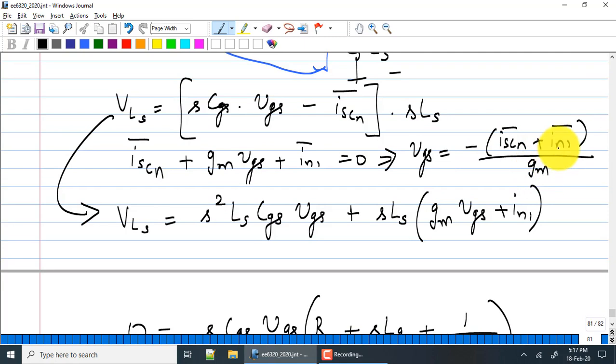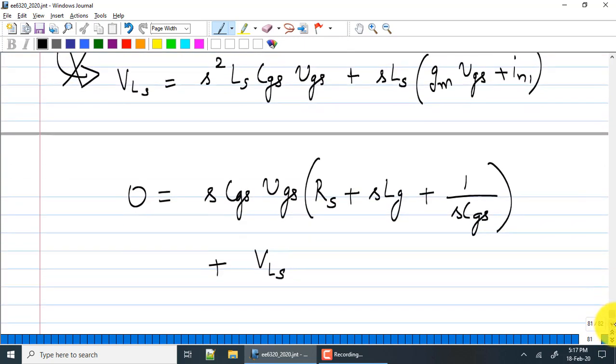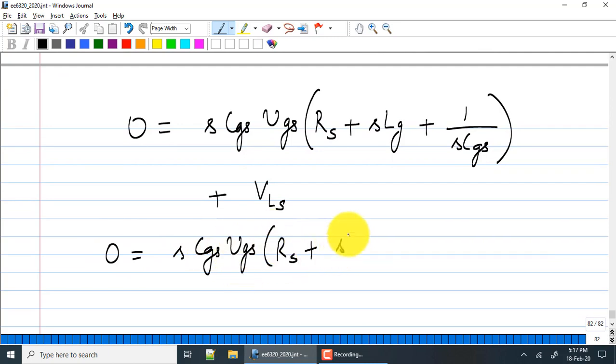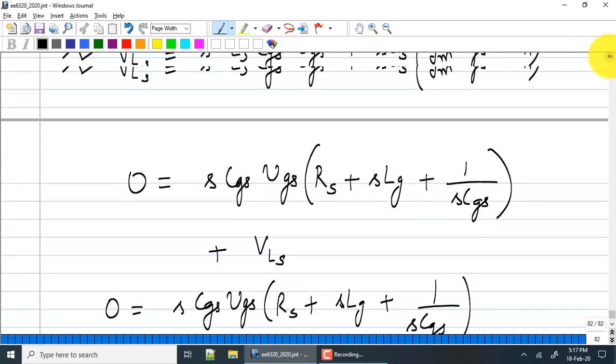Right, that might have been better. Maybe we didn't need this. Let's figure out whether we need this or not. So 0 is... what was the VLS? Let's write this down. I think we will need it.